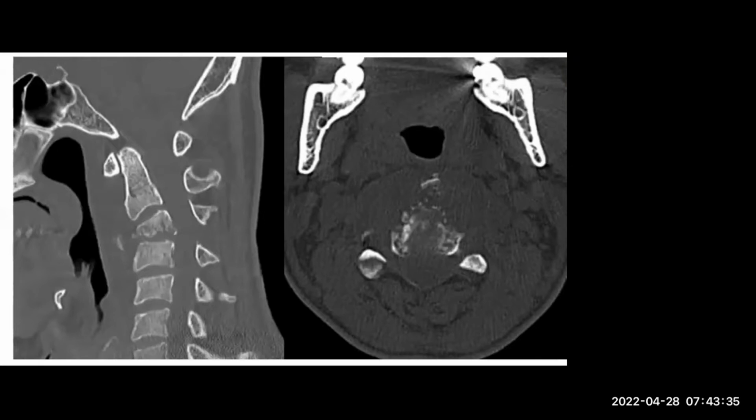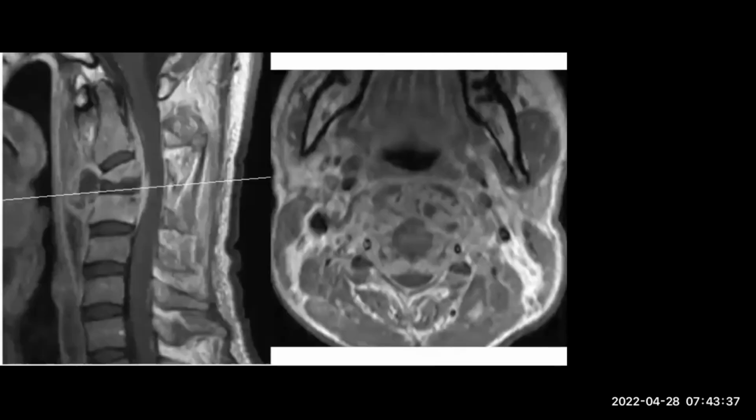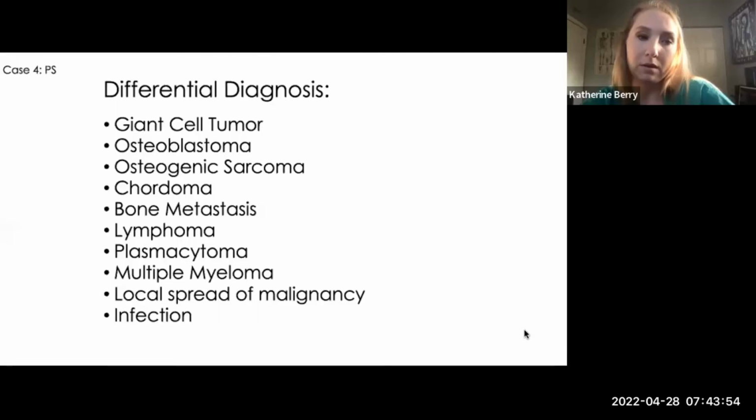Well, yeah, I mean, so it's going to be infection versus tumor. So given it looks like it's eating away the bone, it could be some of the primary bone tumors versus a metastasis. Would probably be that on my differential. Okay, good. So for primary bone tumors, it can be a giant cell tumor, which is what the radiologists were favoring actually based on these MRIs.